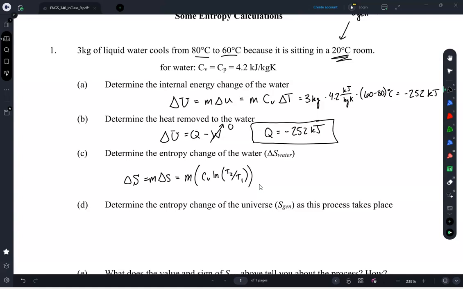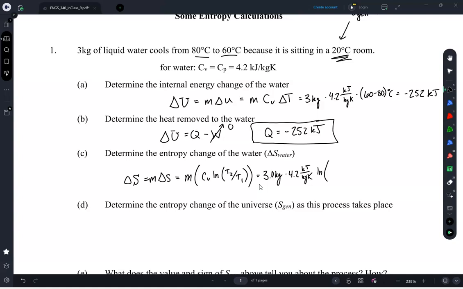We have to remind ourselves that using entropy like this, we have to use temperatures in Kelvin. So this is 3 kilograms times 4.2 kilojoules per kilogram Kelvin. That's our heat capacity times the natural log.